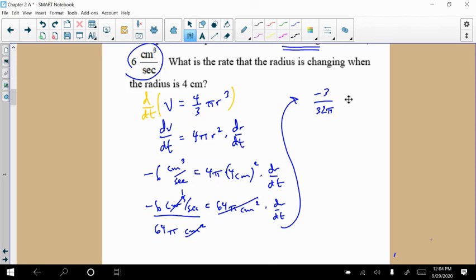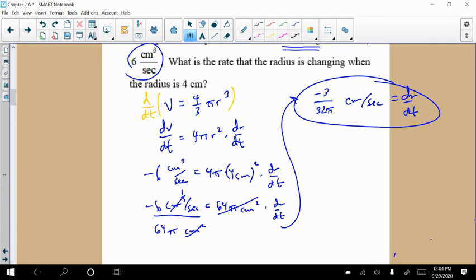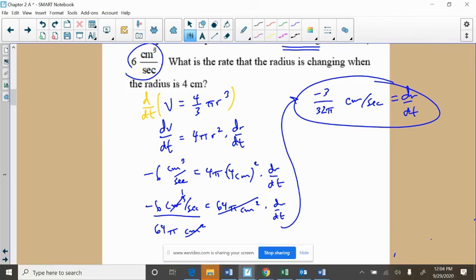And that's centimeters per second. That's my dr dt, the rate the radius is changing. So I can leave it like that, or I could say it's decreasing by the scalar amount of 3 over 32 pi. Okay, so spheres and circles are very common things that would be changing over time in a problem on related rates. But in the next video, we'll look at other things that could be changing as well.